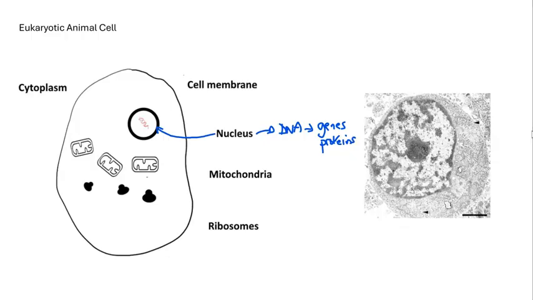Other features of the cell are the cell membrane. The cell membrane is responsible for controlling what goes into the cell and what goes out of the cell. So notice that I used the phrase control.